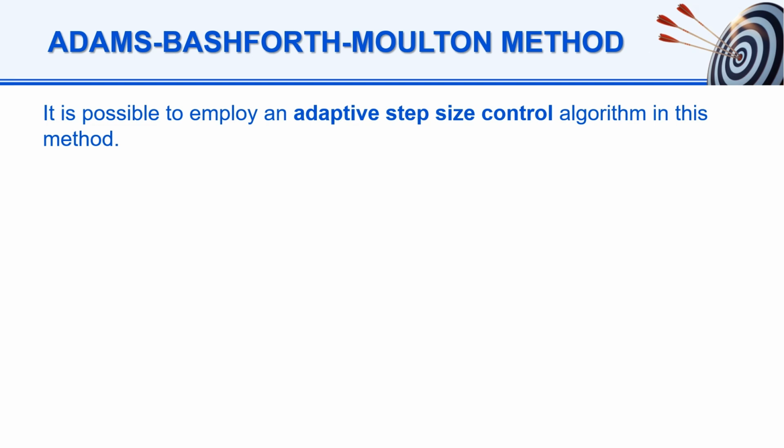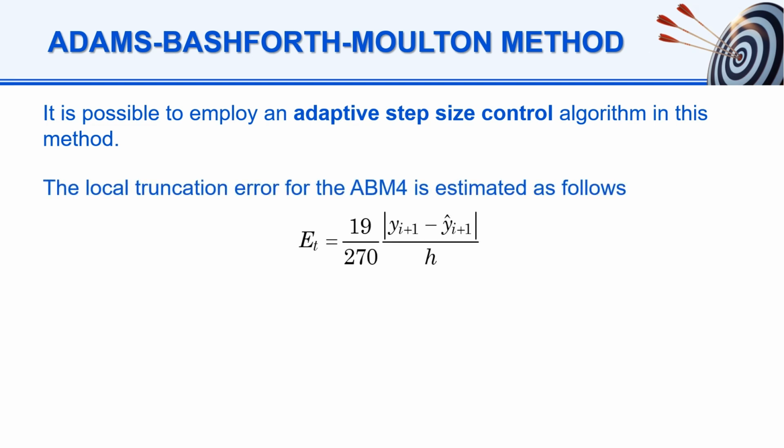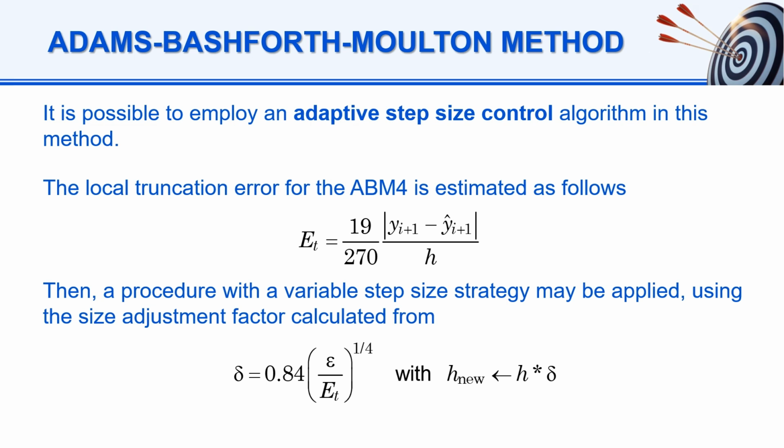It is possible to employ an adaptive step size control algorithm in this method. The local truncation error for the ABM4 is estimated as follows. Then, a procedure with a variable step size strategy may be applied, using the size adjustment factor calculated from.